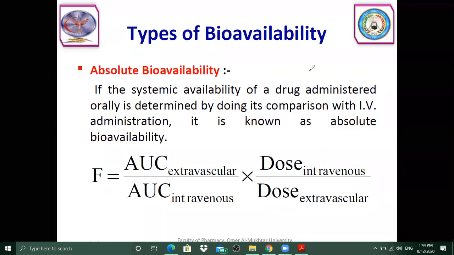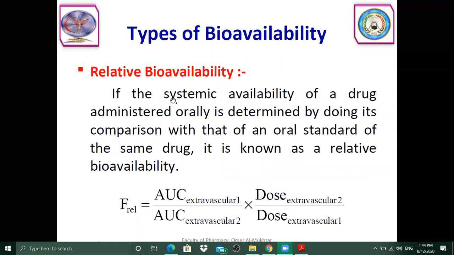So moving on, what is relative bioavailability? If the systemic availability of a drug administered orally is determined by comparison with that of an oral standard of the same drug, it is known as the relative bioavailability. So I just told you that I have made my drug and I'm comparing it with Glenmark's drug, then I'll be doing the same.